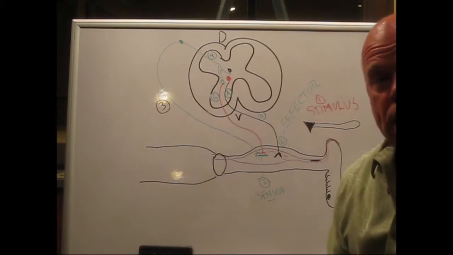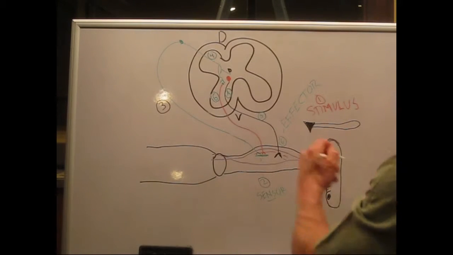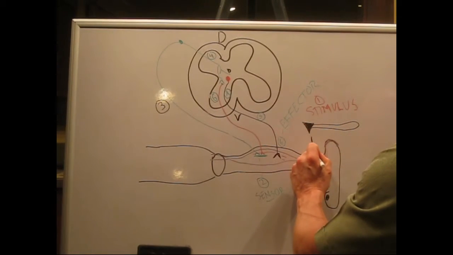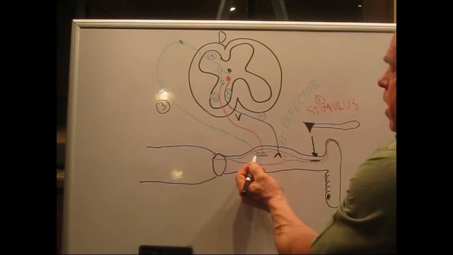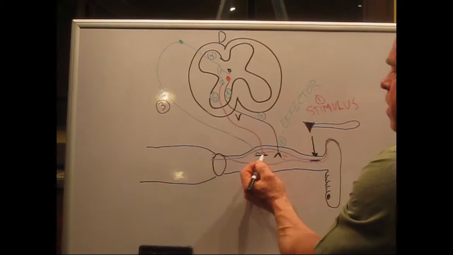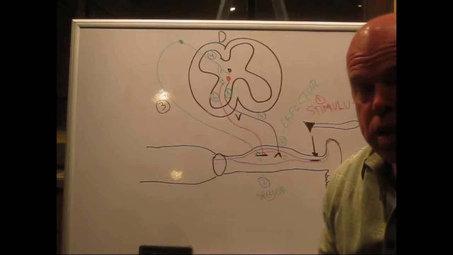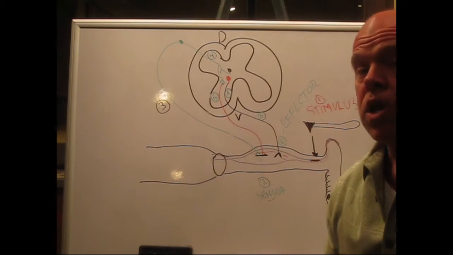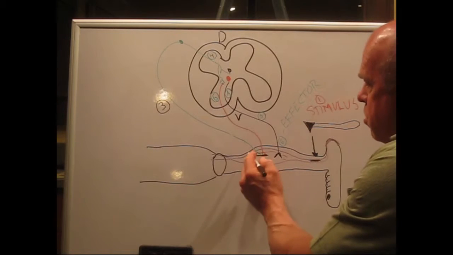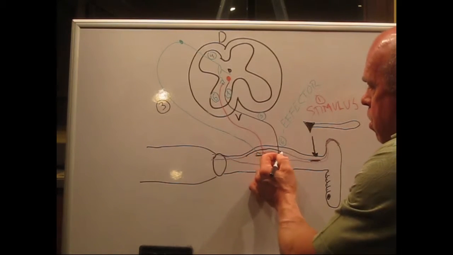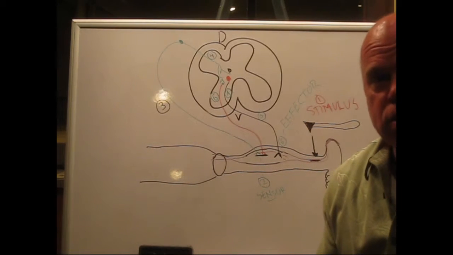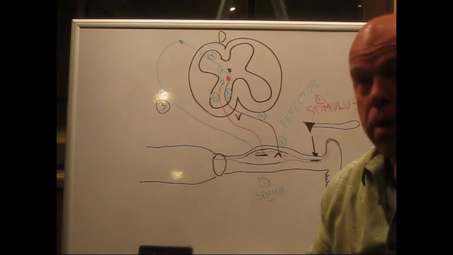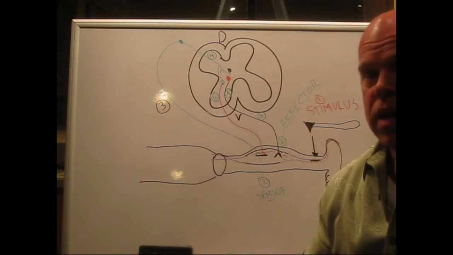Okay, so let's review what happens. The stimulus comes along and percusses down on the Achilles tendon. If the stimulus is brisk and strong enough, it causes a rapid stretch in the muscle spindle. Now the membrane of the muscle spindle is continuous with the perimysium, the connective tissue, on the outer layer of the gastrocnemius muscle. Remember, the 3 layers of connective tissue in muscle are perimysium, epimysium, and endomysium.